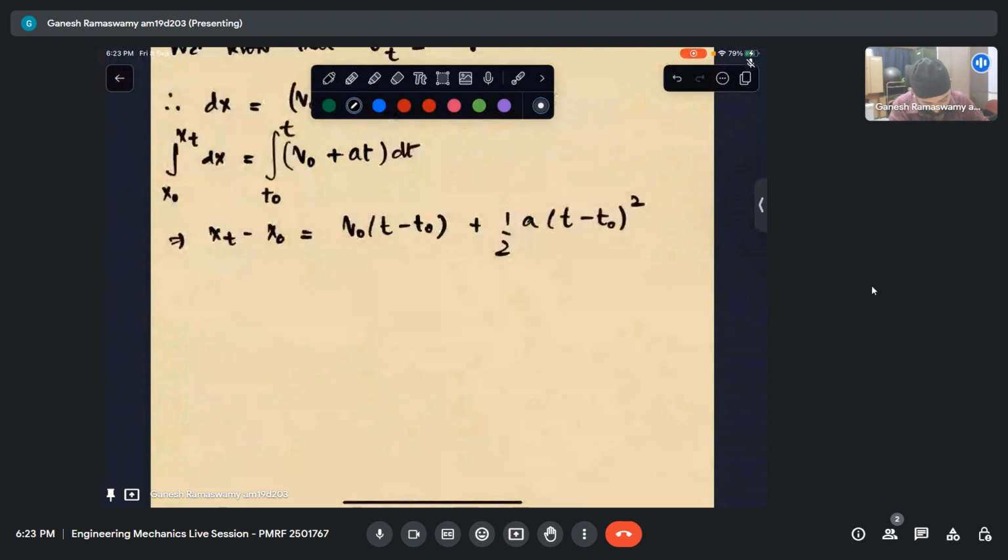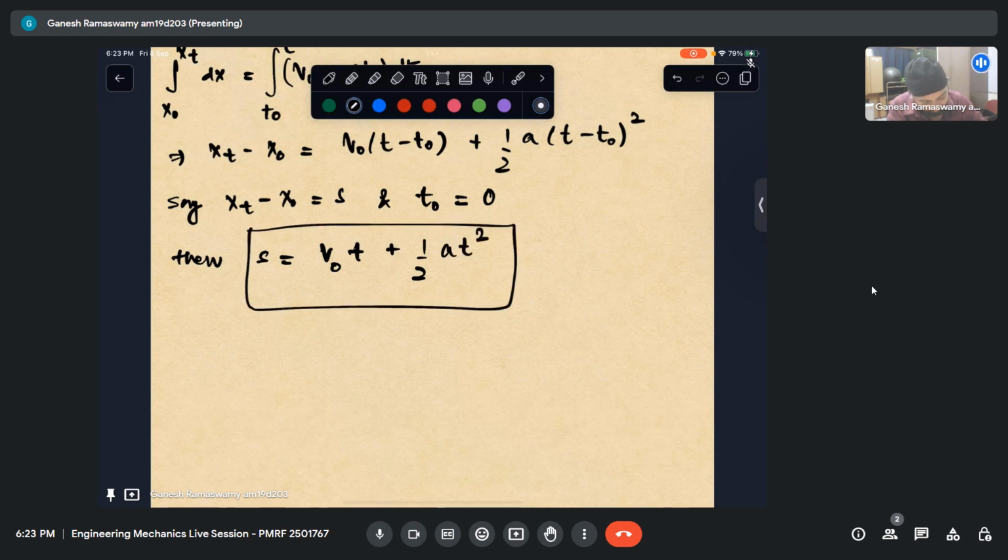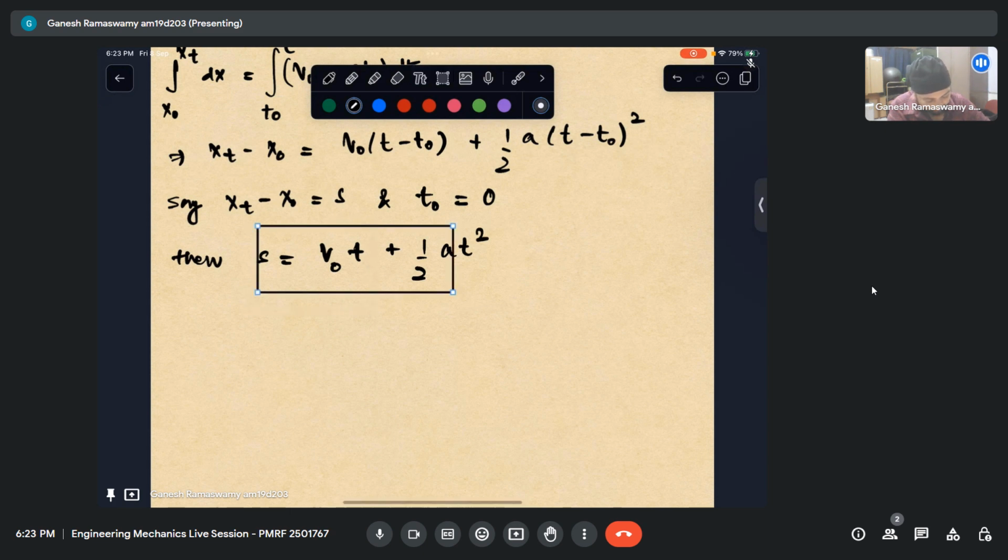Say xt minus x naught, we set it as s, and we take our initial time reference to be 0. Then we get s is v naught t plus half at squared. So this is the third equation of motion we have got. We should keep in mind that, as we have seen from the premise with which we derived them, these equations of motion are only applicable for a constant acceleration case.